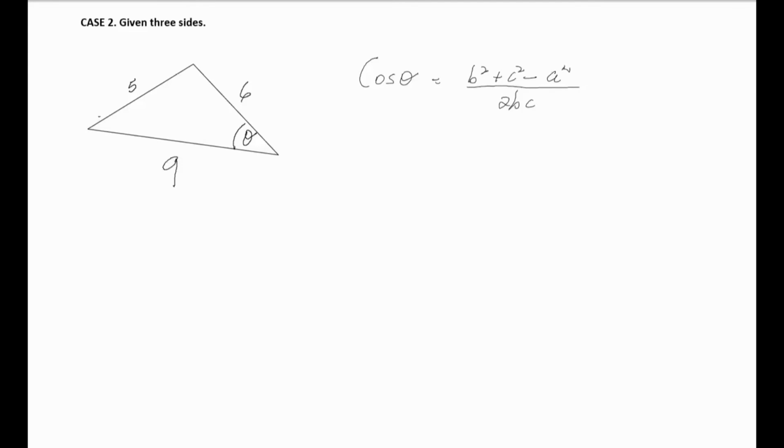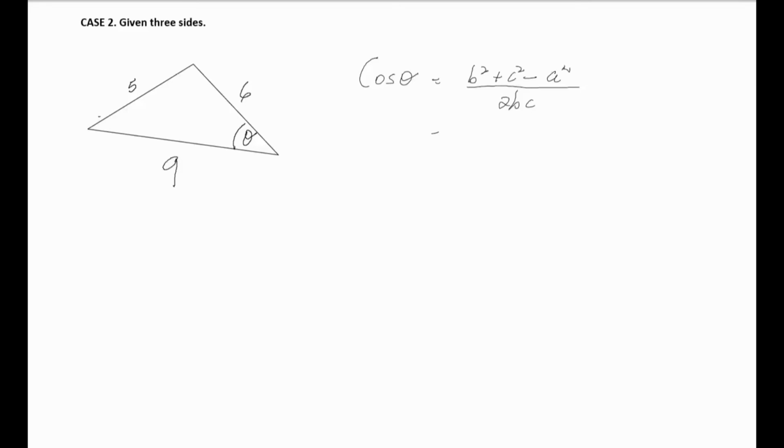Remember, b and c represent the two sides which would house the included angle.